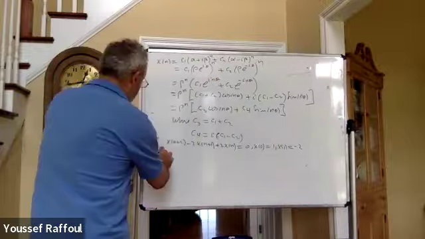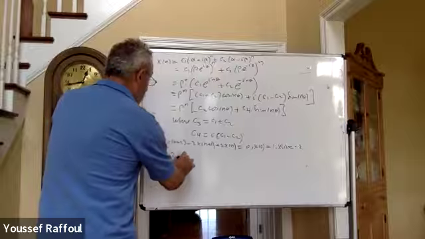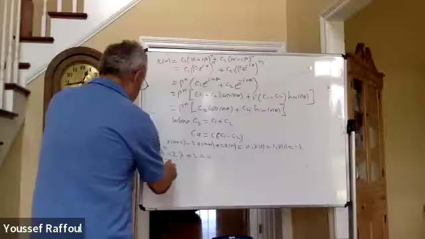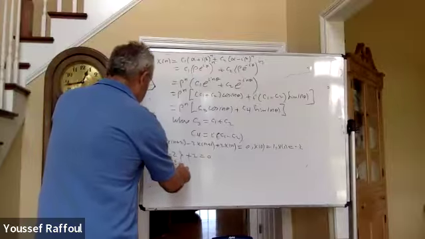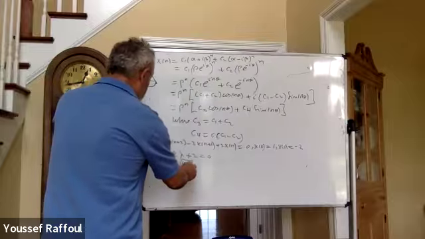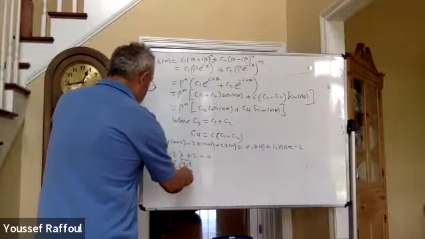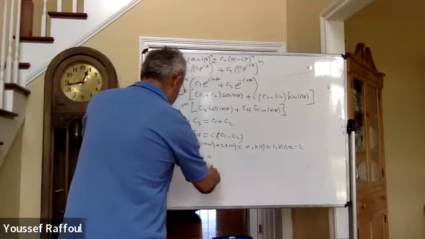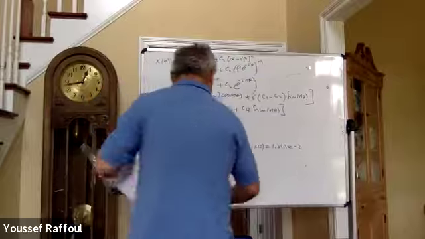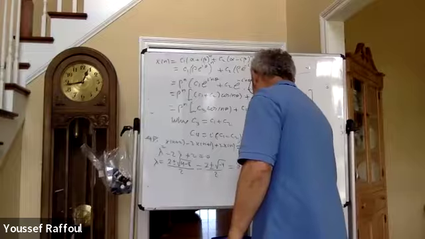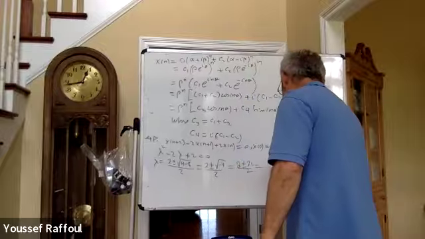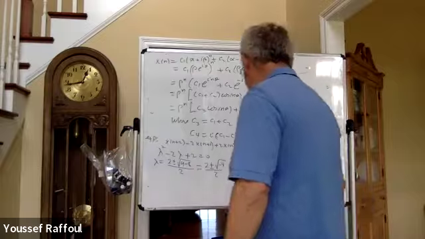So we have lambda squared minus 2 lambda plus 2 equals 0. So lambda is 2 plus or minus the square root of 4 minus 8, over 2. That is 2 plus or minus the square root of minus 4, over 2, which is 2 plus or minus 2i divided by 2, and that is 1 plus or minus i.